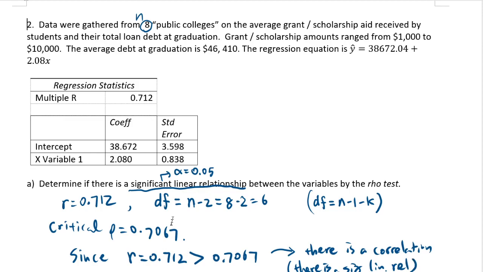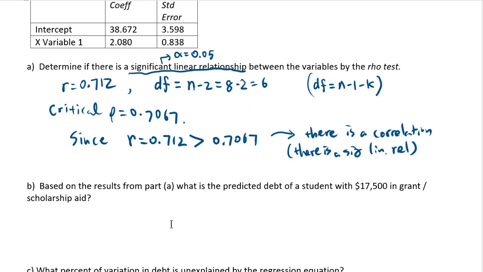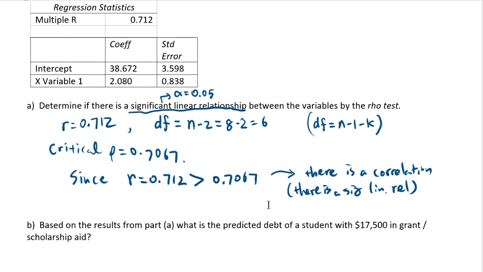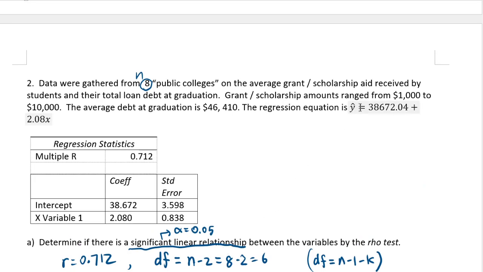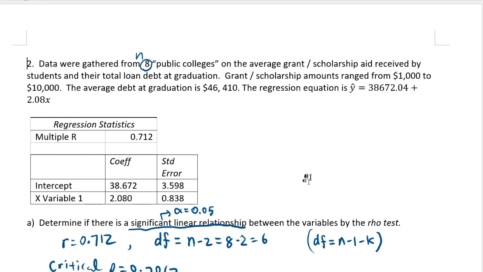Okay, now let's move on. Based on the results from part A, what is the predicted debt of a student with 17,500 in grant scholarship aid? It says based on the results in part A, because if the correlation is not significant, then instead of using the regression equation, you have to resort to the average value.